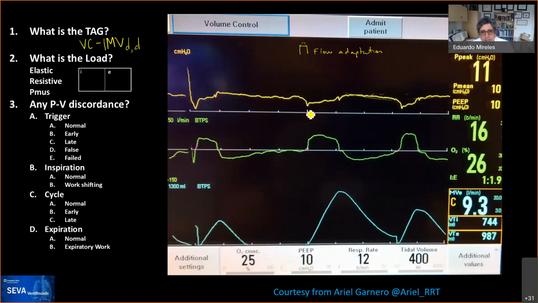However, in this ventilator, when you press that button, flow adaptation, when it detects evidence of PMOS above a certain threshold, then it changes the mode from flow to pressure control. And that's why this doesn't look like a square. It should look like a beautiful square like that, and it doesn't look like that. Some modes just do that, and it allows you to have as much tidal volume as you wish you had.